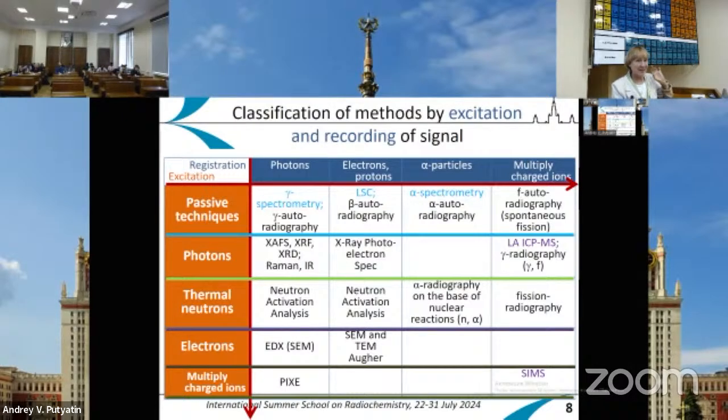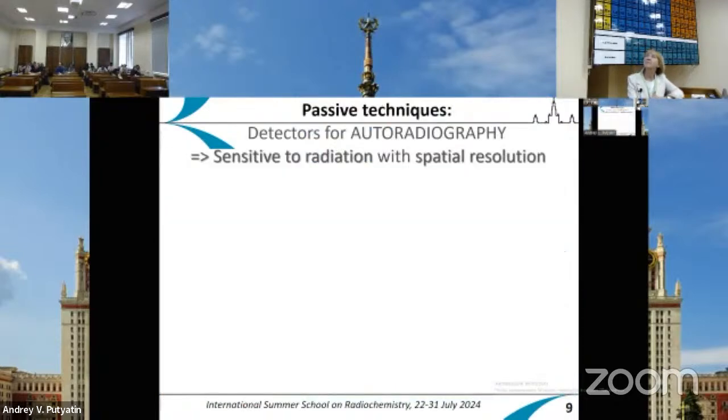I think that the idea is clear for you, just classification. And if you have some new for you method, you can place it here to this table. Let's begin from passive techniques.